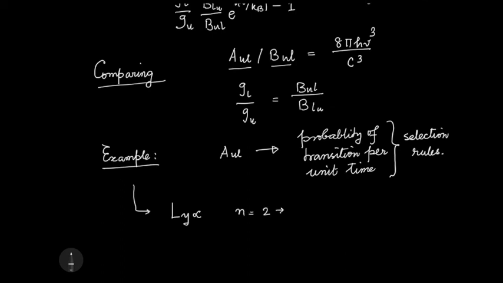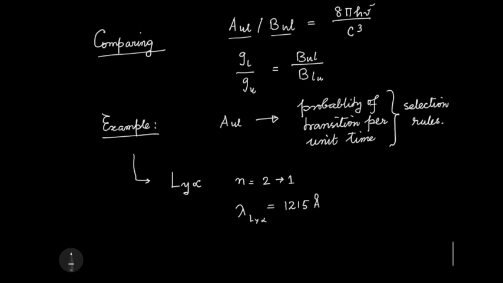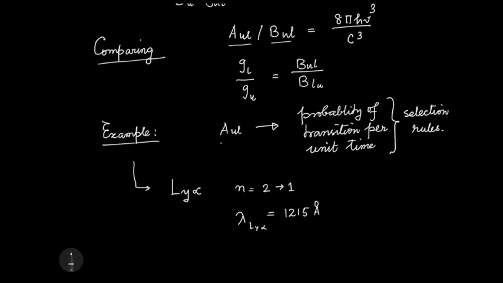For example, if I consider the Lyman alpha transition of hydrogen atom, which is n changing from 2 to 1, the wavelength for Lyman alpha is 1215 angstrom. Using the wave functions of the atomic energy levels, one can calculate this number.